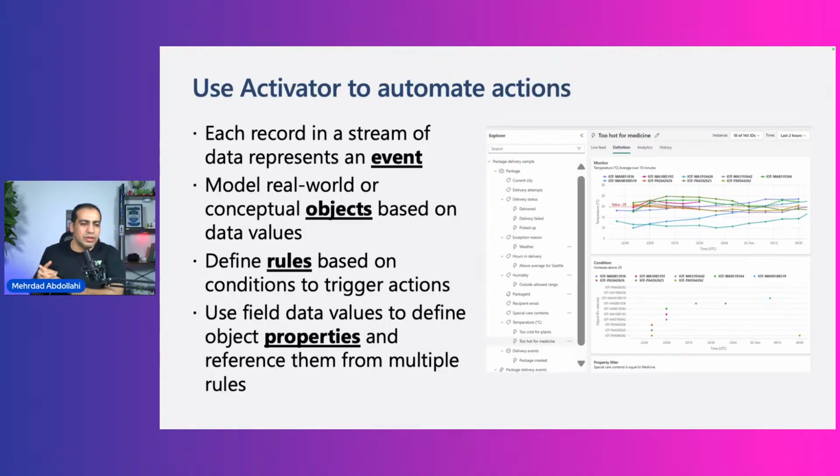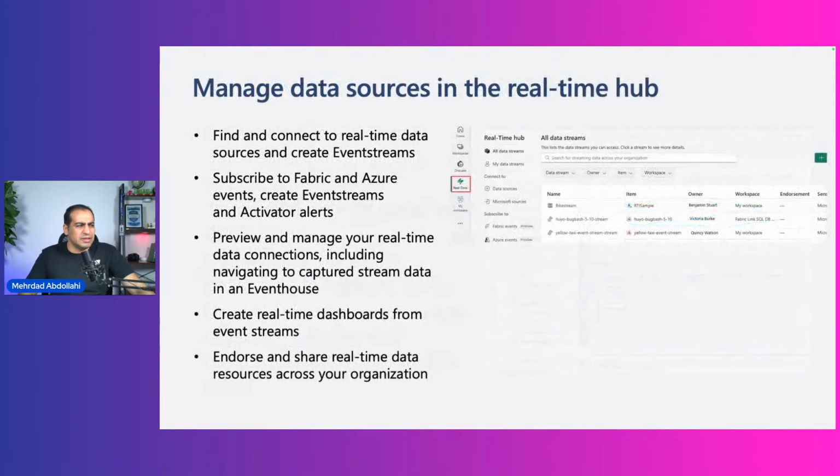So here we can check the records that are coming in, and based on the rules, based on the behavior of the data, we can push it to an Activator, and it can notify in Teams or Outlook, or even execute a Power Automate, if I'm not mistaken.